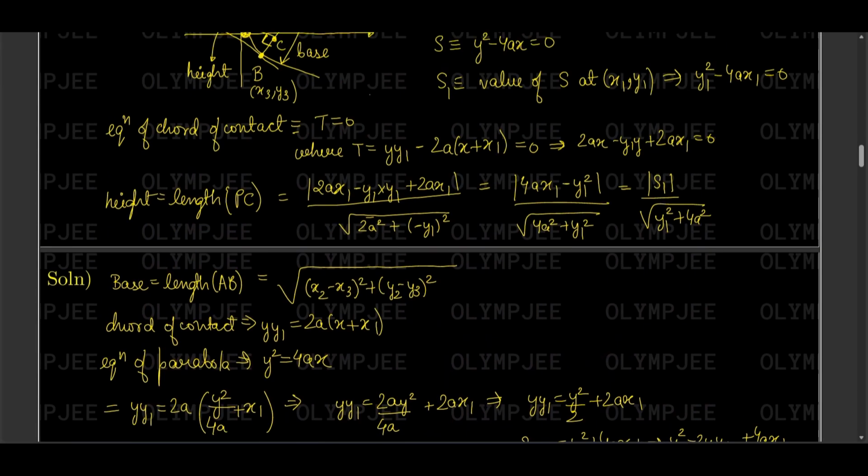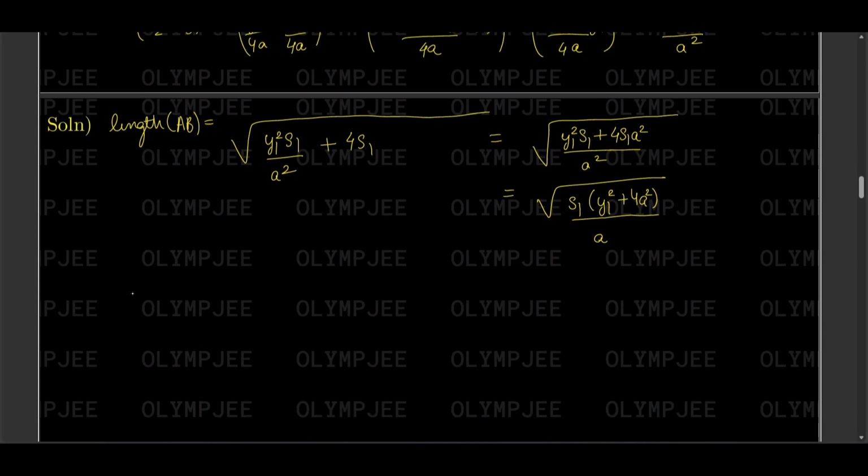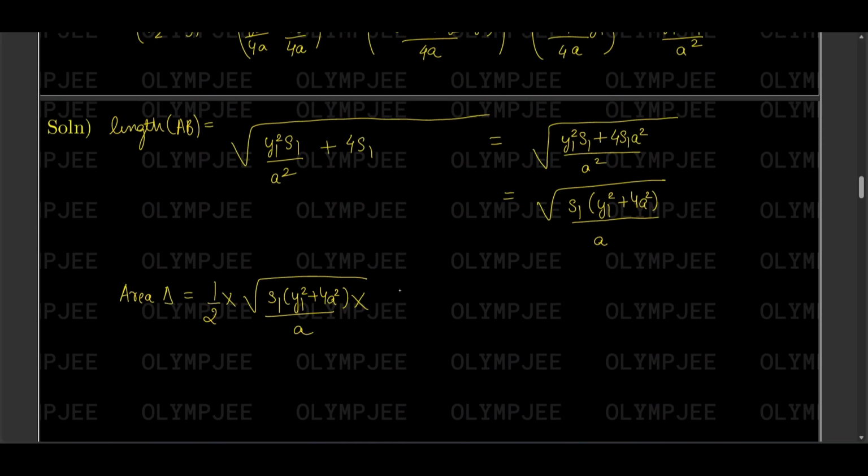Now I have the height, I have the base, and I need to multiply them with half. So area of the triangle will be half multiplied by the base, which is length of AB, which was this, multiplied by the height, which we found out as mod S1 divided by root of y1 square plus 4a square.